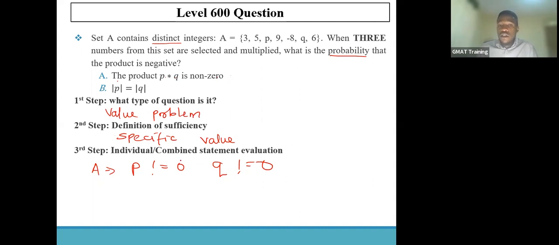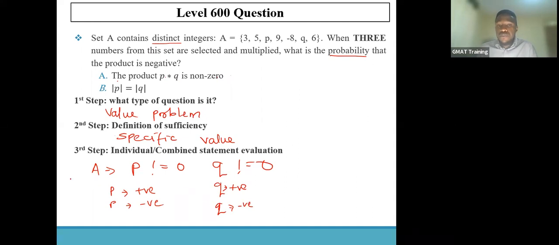But we can also deduce from this that P can be positive or P can be negative. The same applies to Q: Q can be positive and Q can be negative, right?